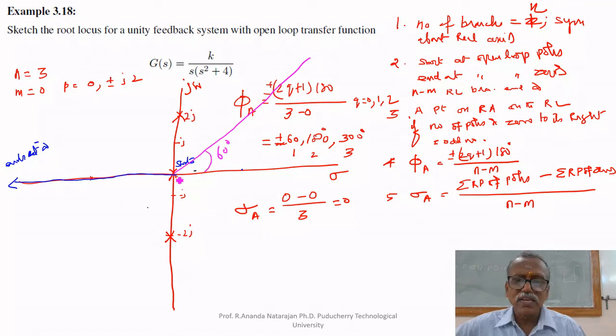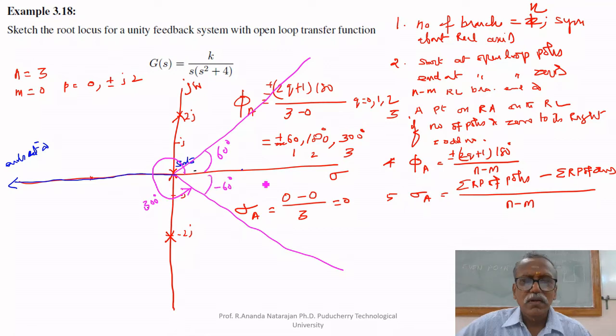This is 300 degrees, or minus 60 we can say. This is an asymptote.